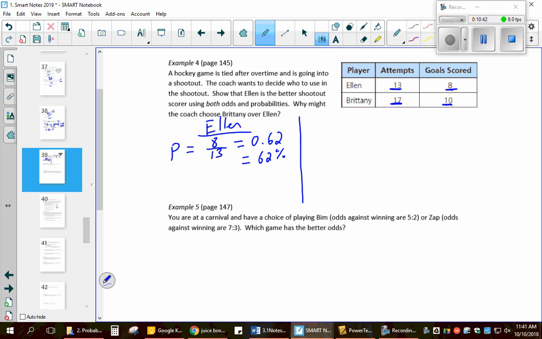For odds, what would her odds be? So favorable is 8. What's her unfavorable? Yeah, 5. So 8 to 5. All right, so now let's compare that to Brittany.